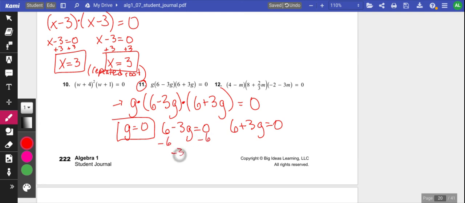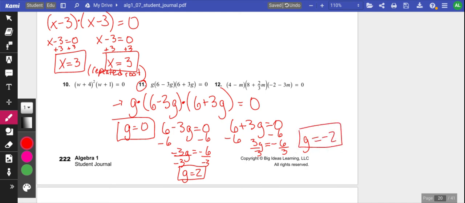So negative 3g equal to negative 6, and divide out the negative 3. I get g equal to, that's a negative and a negative, so positive 2. And then one last one: I'm going to subtract here again and get 3g equal to negative 6, and then divide, and I'm going to get g equal to negative 2.